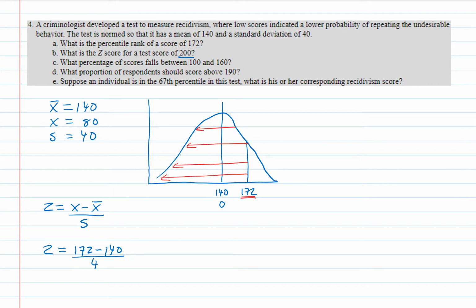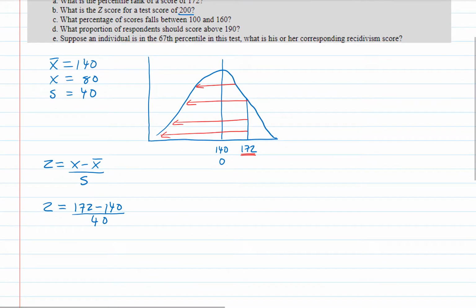And if you do that little bit of arithmetic, you're going to find that that gives us 32 over 40, and that's a z-score value of 0.8. Now we can go to our z-score table and find out the area under the curve.